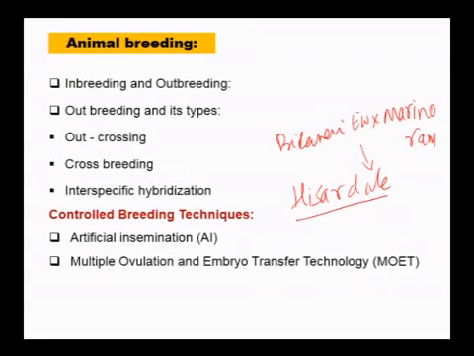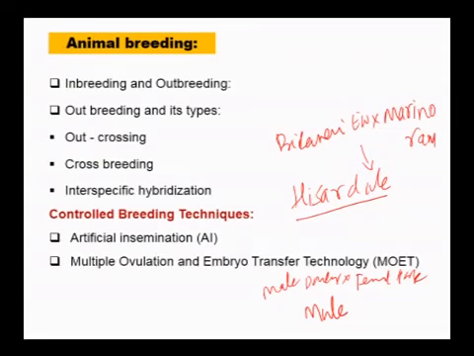The common example that we study for interspecific hybridization is the production of mule by crossing a male donkey with a female horse. This mule has better traits or qualities as it can move a little faster and can take the cargo in Himalayan mountain terrains.